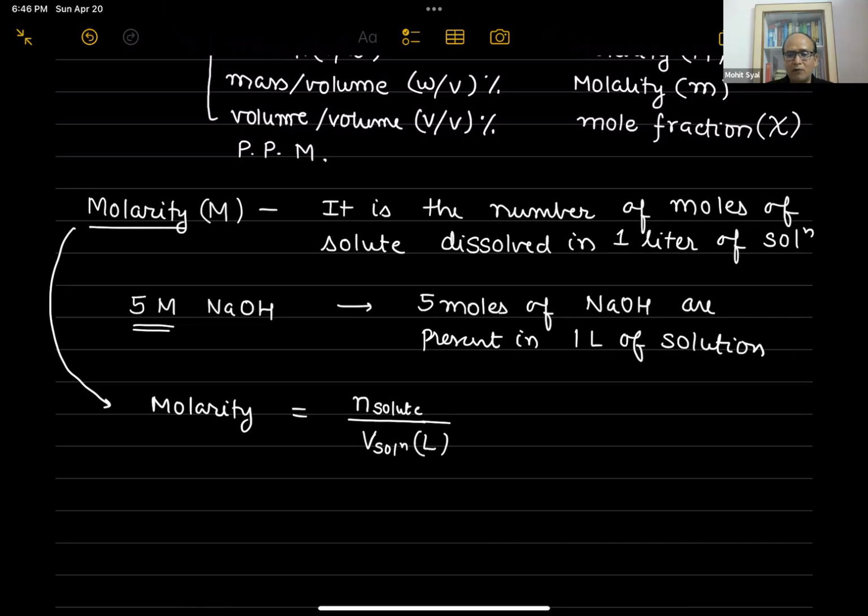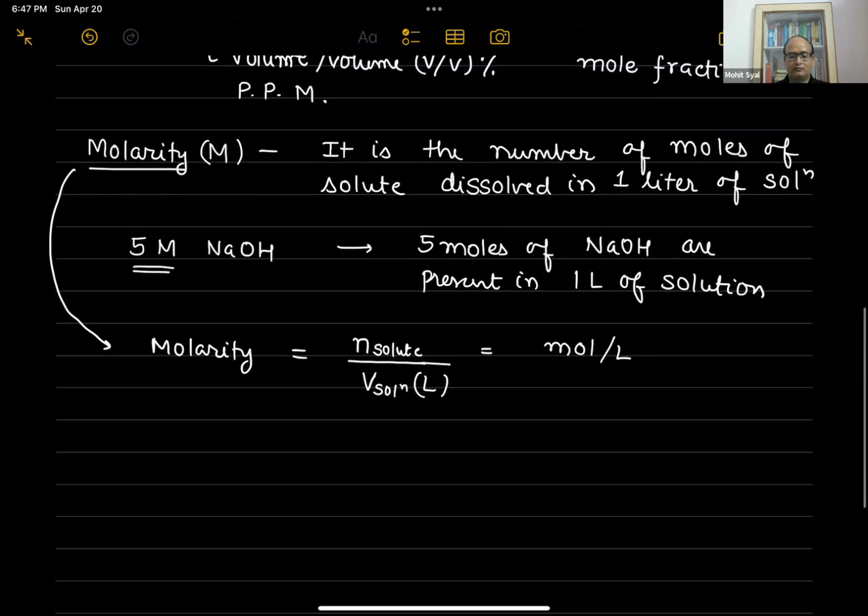So what is the unit of molarity? Mole per liter. Right. Because the numerator has unit mole and the denominator has unit liters. So Marwa, is it clear? Yes, sir. Mole per liter. Okay, that is the unit of molarity.